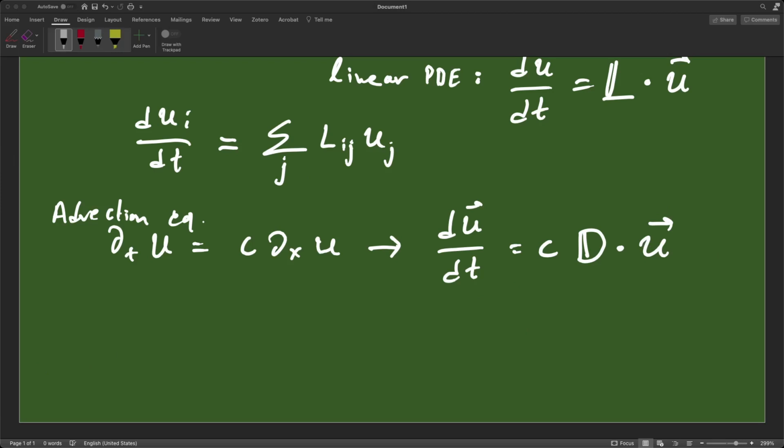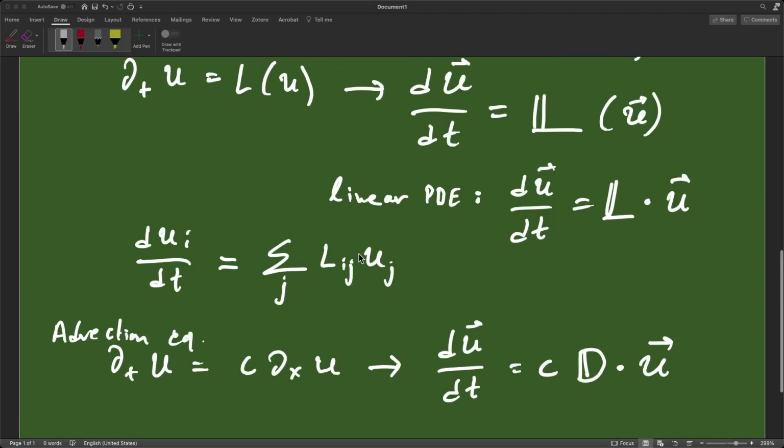Now we have discretized our equation in space, and what that has accomplished is that we have converted a partial differential equation to a system of ordinary differential equations.